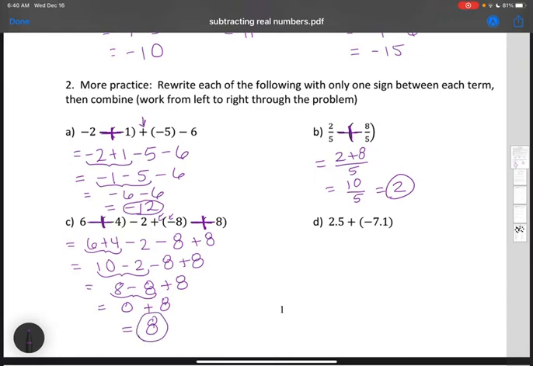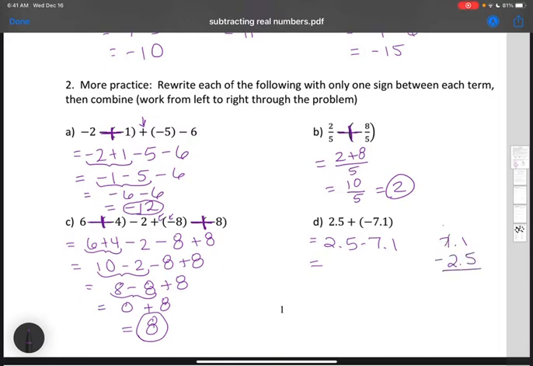Okay, moving on to D. So we have plus and negative, so it's really just subtracting. 2.5 minus a 7.1. So just thinking about this in general, 2.5 minus a big number, it's going to end up being negative, right? So to actually figure out what that number is by hand, I'm going to do some side work here of 7.1 minus a 2.5.